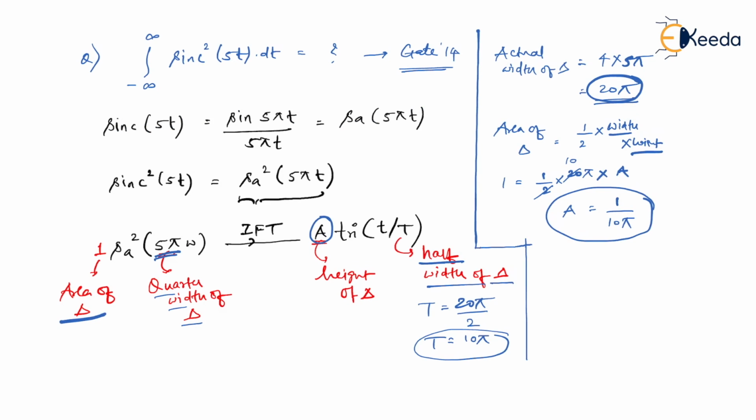Finally, I can write sampling square 5 pi T as a Fourier transform as 1 upon 10 pi triangular function of omega. So we need to correct over here. This is 5 pi omega. Am I right? Whose inverse Fourier transform is 1 upon 10 pi, a triangular function of omega upon, we have a total width.